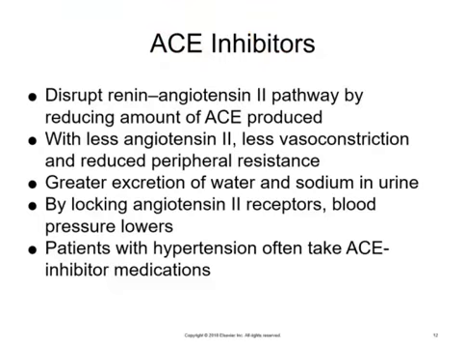ACE inhibitors. ACE is going to be your angiotensin converting enzyme. This is disrupting the renin-angiotensin 2 pathway by reducing the amount of angiotensin converting enzyme that is produced. Renin does not work by itself to regulate blood pressure.